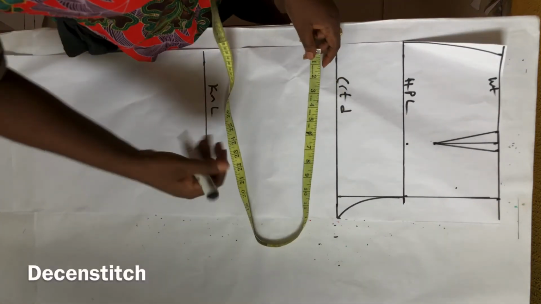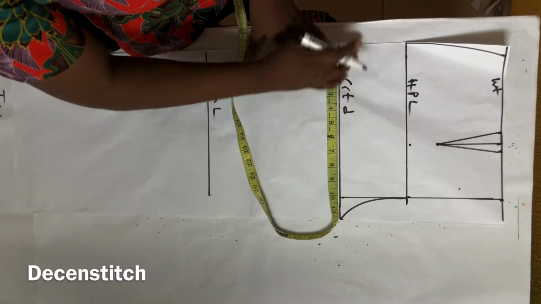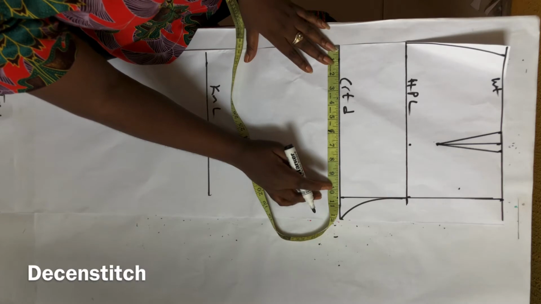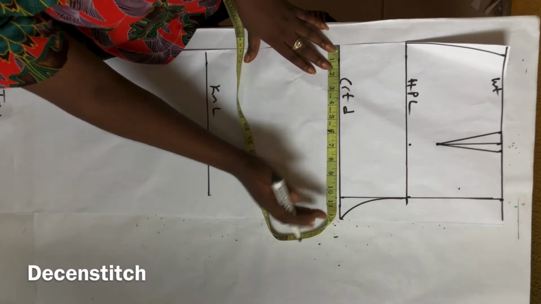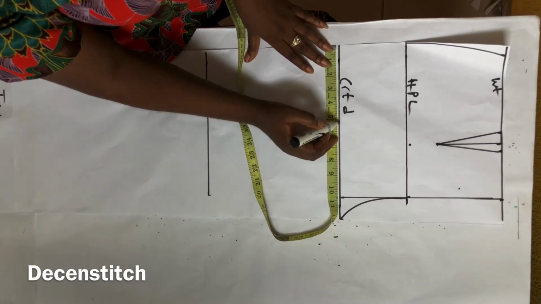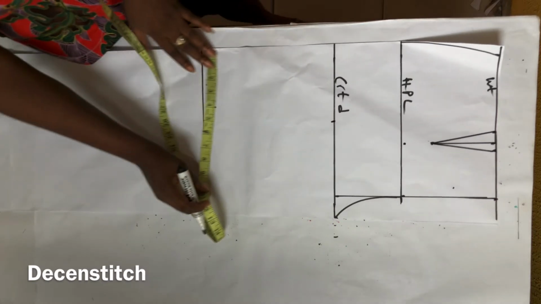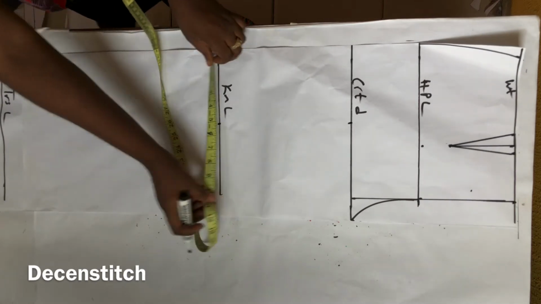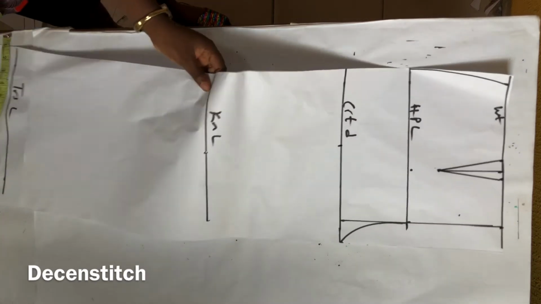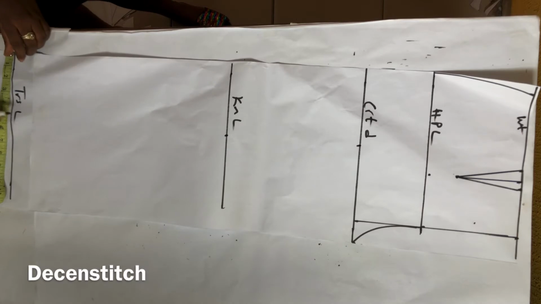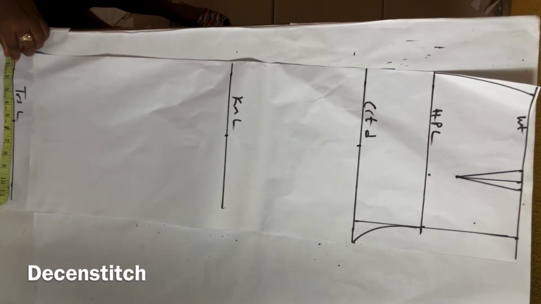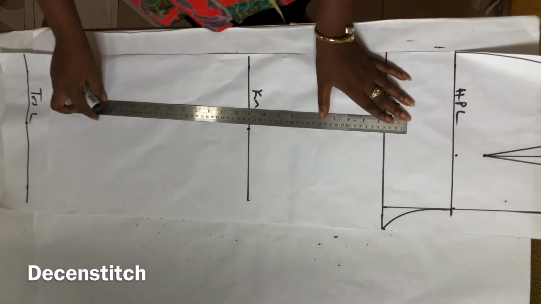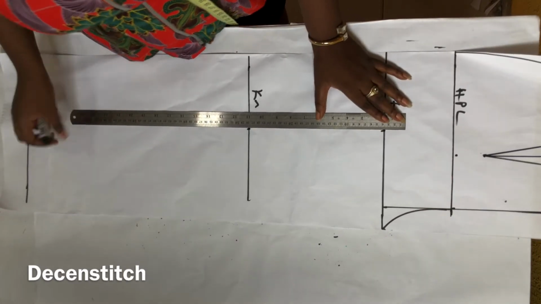Now I'm going to get the midpoint of my hip measurements that I made here. The hip is 10.5, so the midpoint is 5.25. I'll mark that on the crotch depth line. I'll mark the same 5.25 inches on the knee length line and also on the trouser length line. Now I will use my ruler to draw dotted lines.